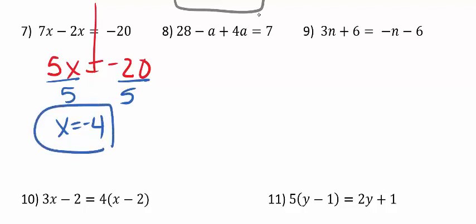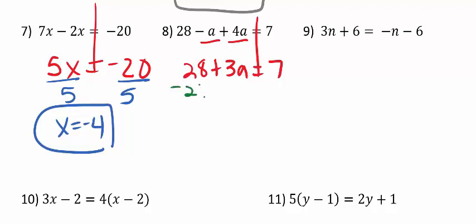In number 8, here are my two sides of the equation, and I can combine like terms here. I have a negative a and a plus 4a. Together that's going to give me 3a. So I can rewrite this as 28 plus 3a is equal to 7. Now to solve this, to get a by itself, I have to do any adding or subtracting.